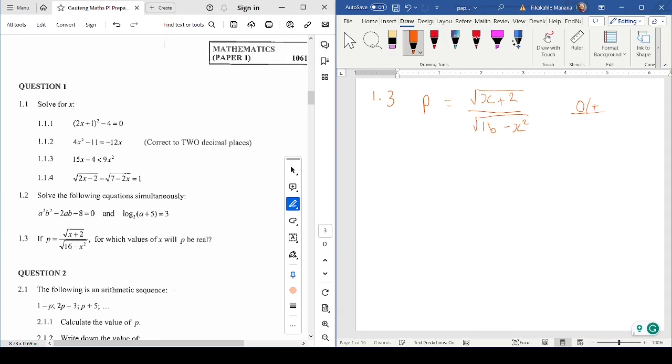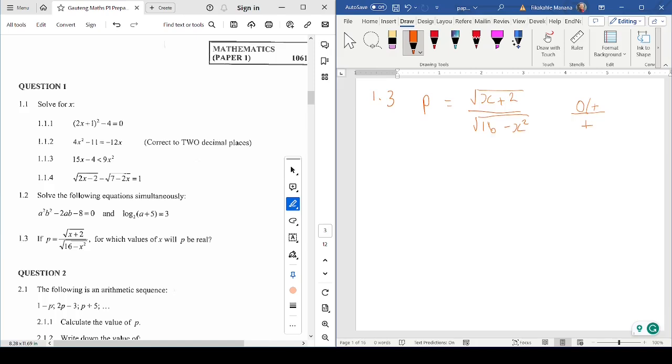It can't be a negative number, then it won't be real. At the bottom here, it cannot be 0, because any number divided by 0 becomes undefined. So it can't be 0, it just has to be a positive number only.